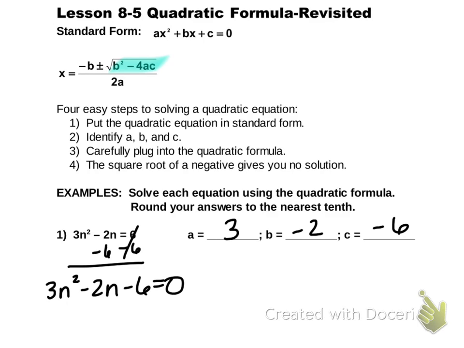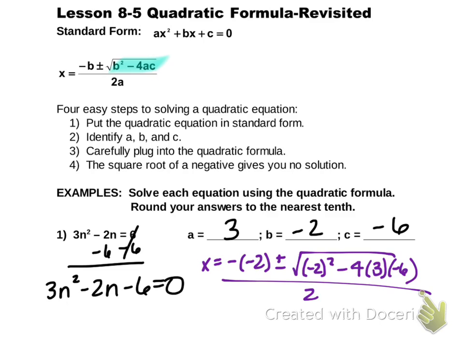When I plug that into my quadratic formula, I am going to have negative 2 plus or minus the square root of negative 2 squared minus 4 times 3 times negative 6, all of that divided by 2 times 3.